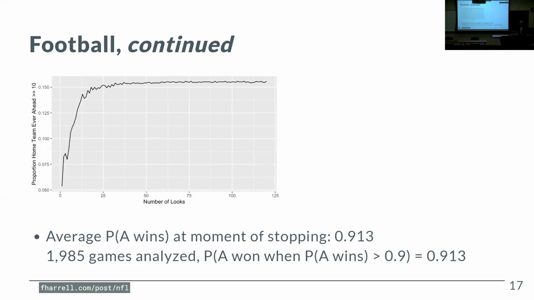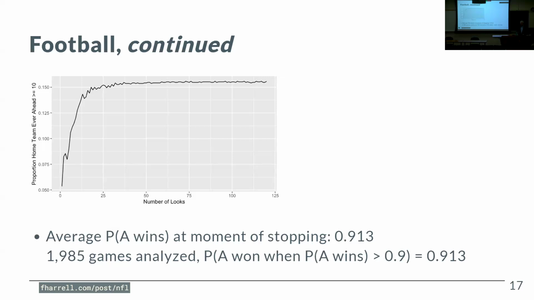So the question is: does that need to be corrected for multiplicity, or is it calibrated? The answer is it's calibrated, because if you take all of those occasions when the probability is greater than 0.9 and calculate what proportion of those games the team ultimately won, it's exactly 0.913. I didn't fake that.